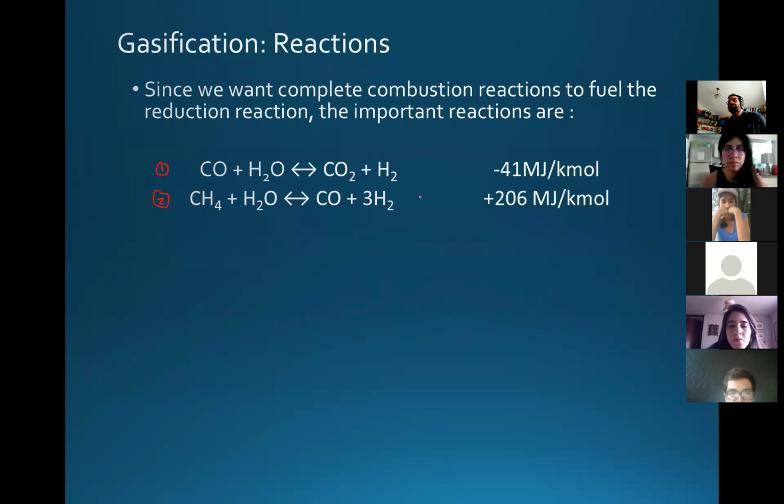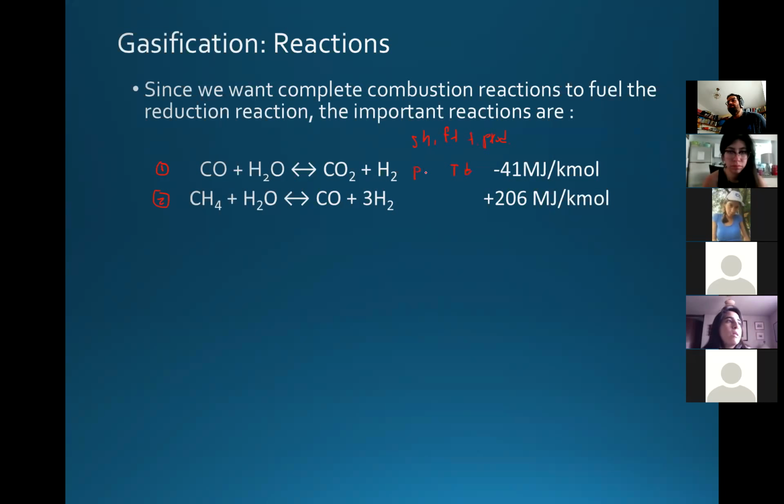Because these two reactions behave in different ways, right? To shift to products, for the first reaction, which is exothermic, we would need lower temperatures, right? And the pressure doesn't matter because we have the same amount of moles.